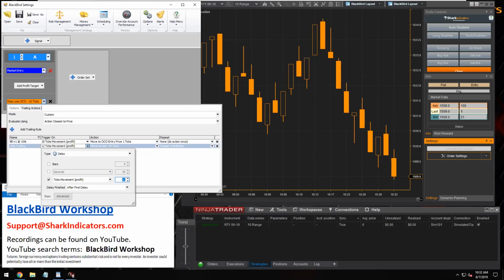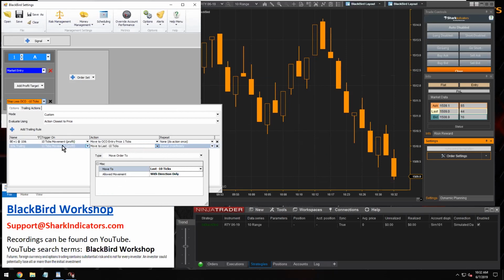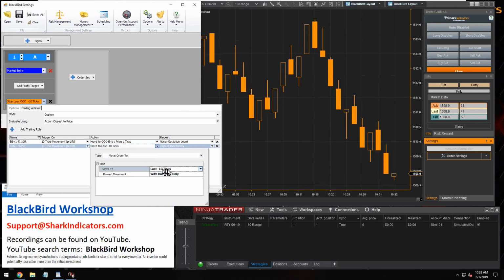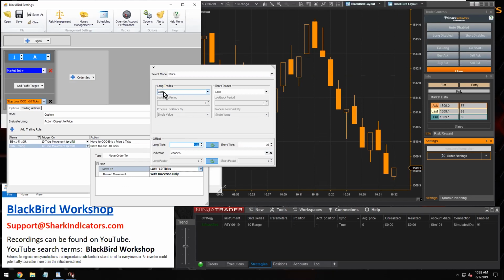So we have another kind of delay here. And then, once the market has made this 12 ticks of movement or more, the action is simply, we take the last market price and we subtract 10 ticks behind it.